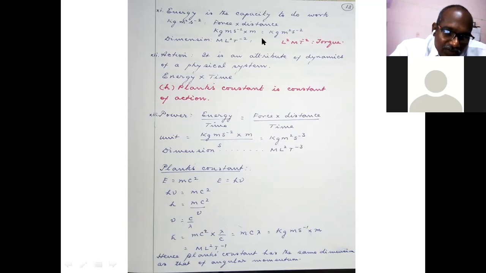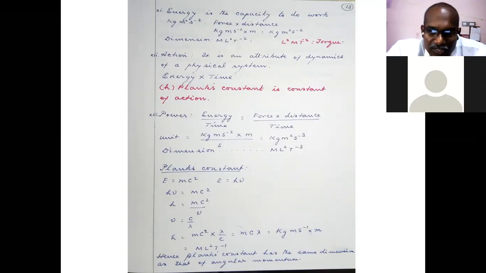You multiply this with time, and you will get M L square T power minus 1. It is called the constant of action. Planck's constant is a constant of action. Later on, I will derive how Planck's constant is called the constant of action.